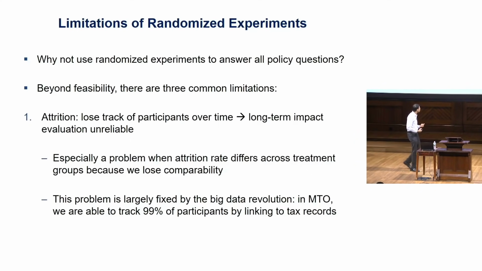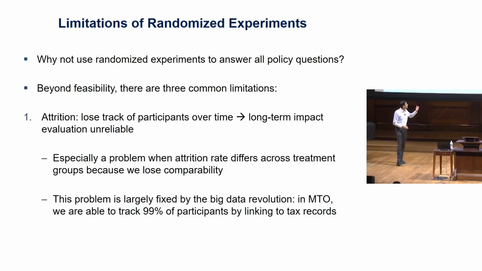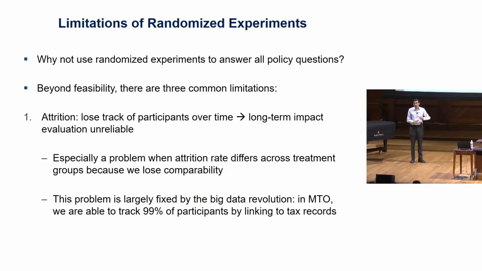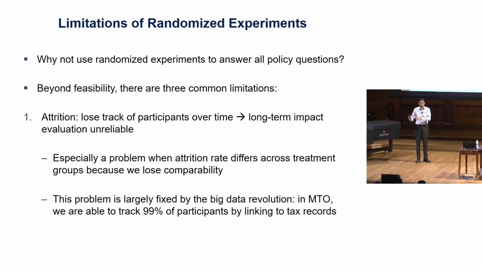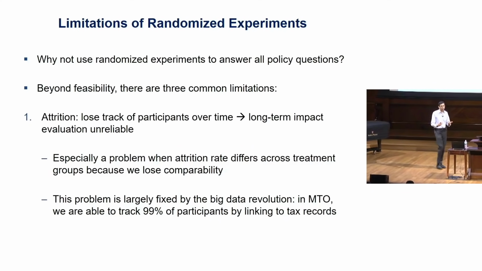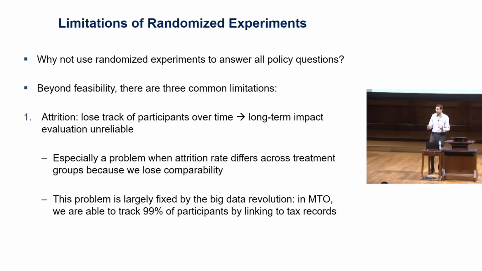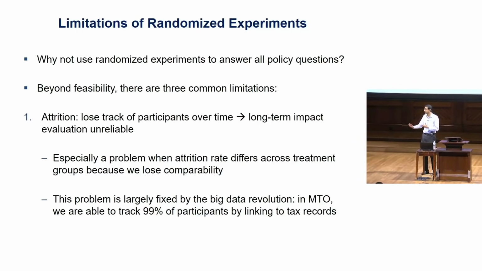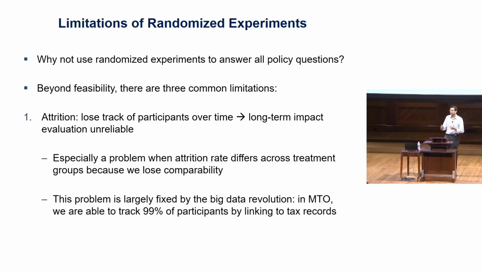And that is especially problematic when the rate of attrition starts to differ between the treatment group and the control group. Because if that happens, now you've lost the beauty of the randomized experiment, which is you had this kind of apples to apples comparison between these different sets of people. So suppose whoever's in the treatment group, they start to do really well, and as a result, it's easier to track them down through standard methods.